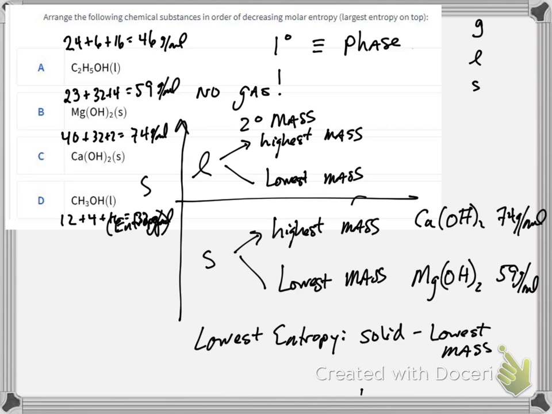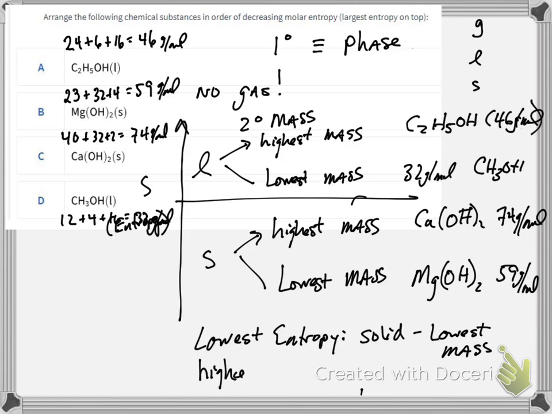Then we go up to the liquids, and so the lowest mass liquid is here. Highest mass liquid is going to have the highest entropy. So the highest entropy, since we don't have any gas particles, is going to be the liquid with the highest mass. And that would be our ranking.